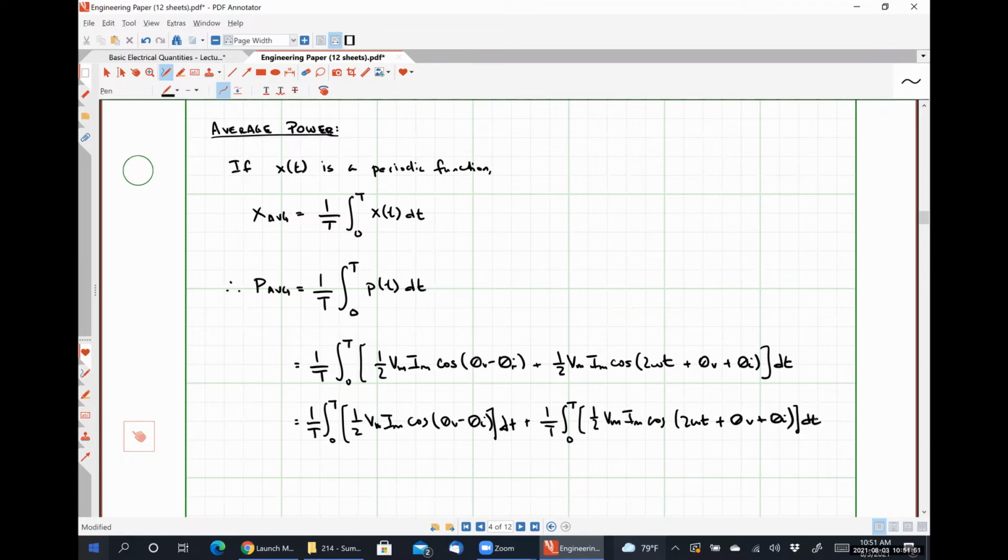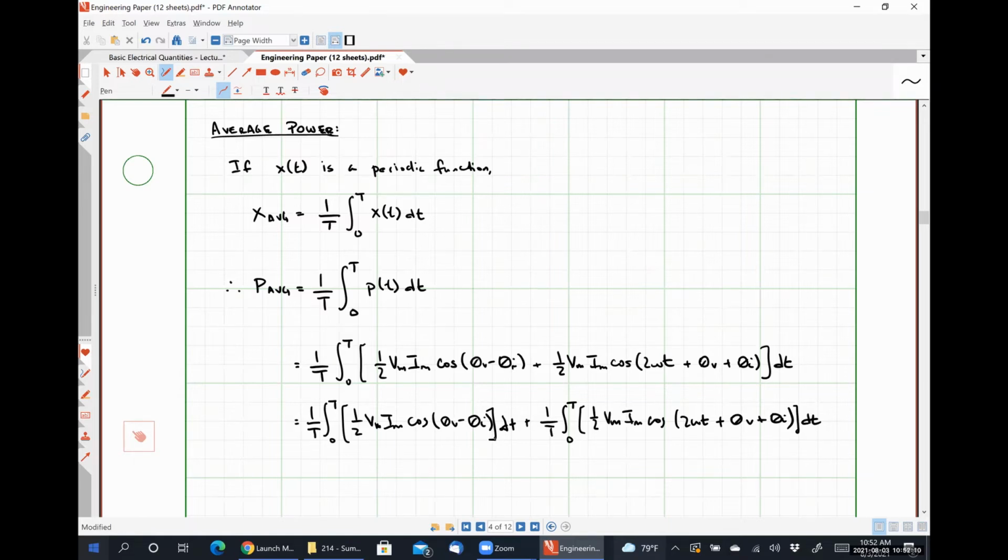Is everybody okay with what I've just done, splitting that integral into two distinct parts? Yes, sir. All right.